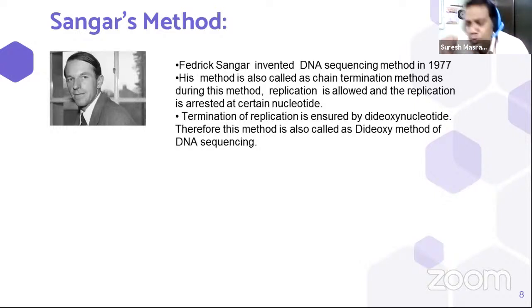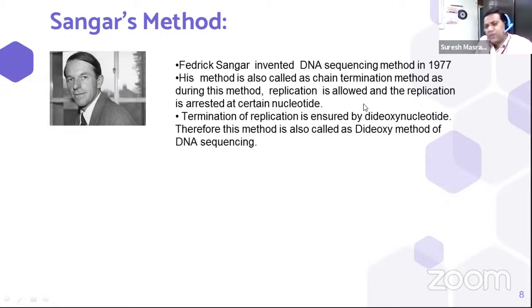Now, there are two main processes of DNA sequencing. One is Sanger's method of sequencing. Another method is called the Maxam-Gilbert method of sequencing. Now, Sanger's method of sequencing was invented by Frederick Sanger in 1977.